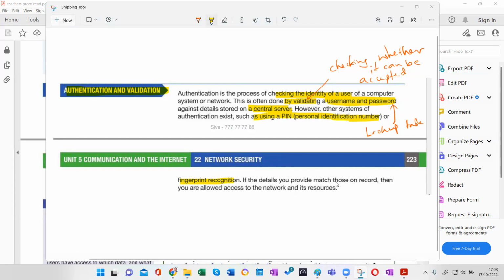If the details you provide match those records, then you are allowed to access. But it's just allowing access, right? Once your access is granted, you will be controlled again using access rights.